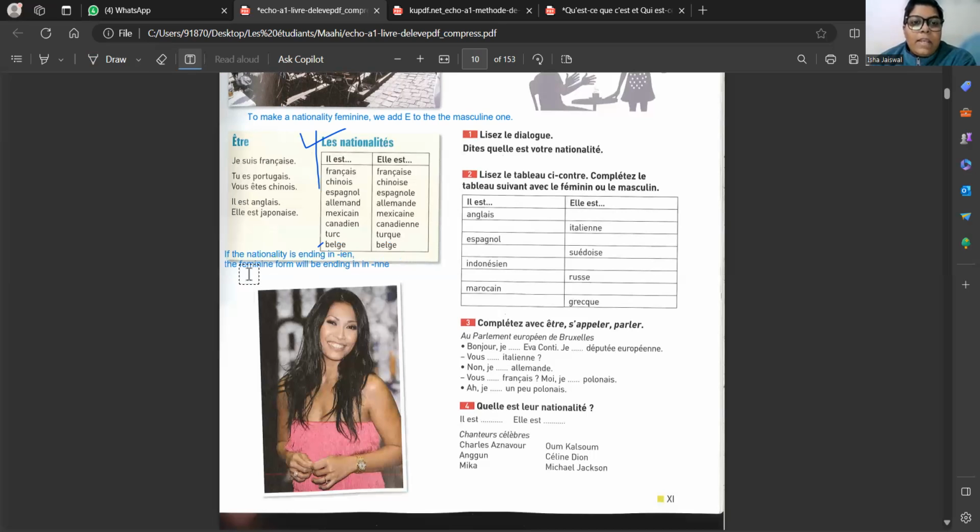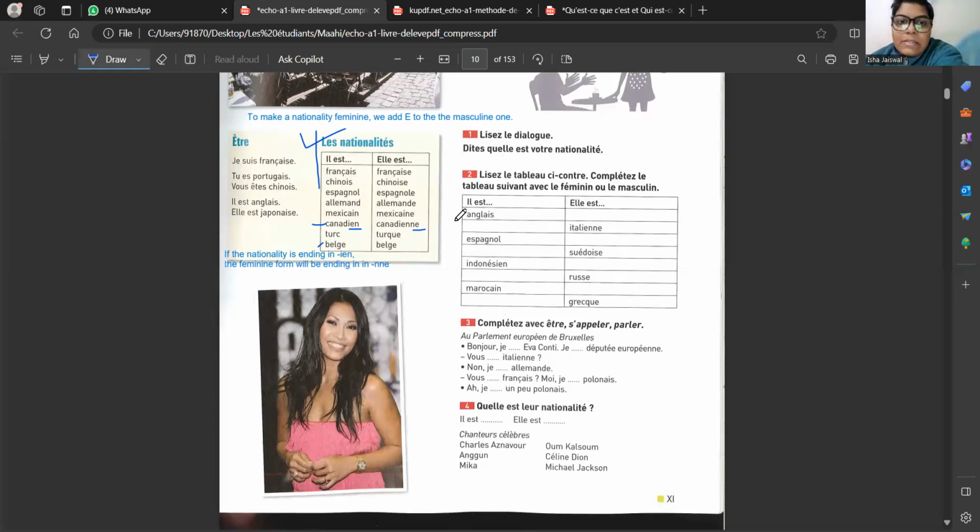Okay. If the nationality is ending in ien, for example, Canadian, the feminine form will end in double n e. You will double the last consonant and add e.